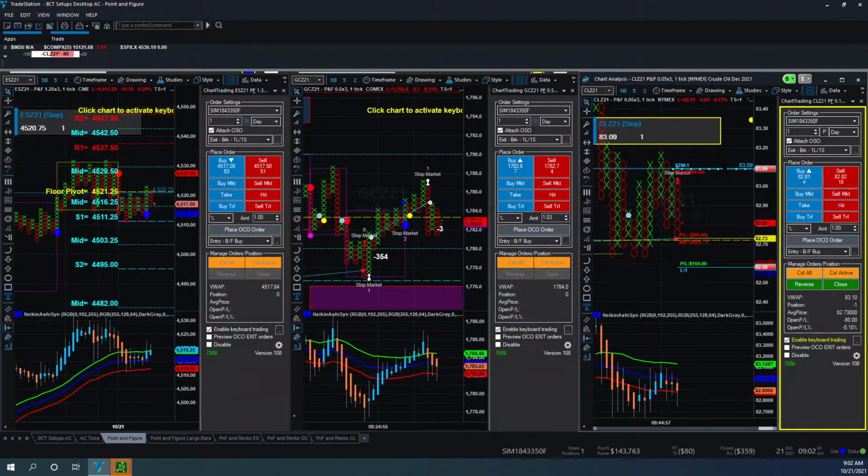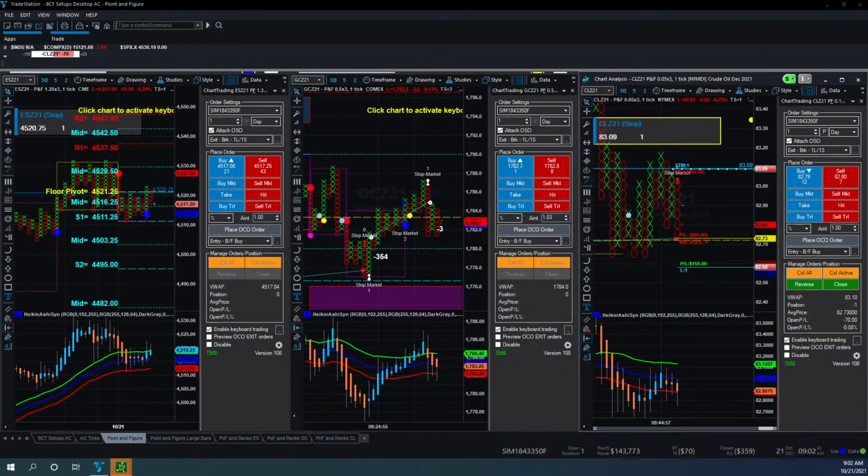Gold in the chop. Gold breaking down in the chop zone though. Let's see what crude does here.